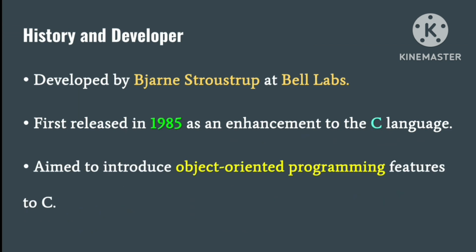Now let's learn about the history and development of the C++ language. C++ was developed by Bjarne Stroustrup at Bell Laboratories in the USA. It was first released in 1985 and it was an enhancement to the C language. It aimed to introduce object-oriented programming features, as C did not have those qualities at that time.